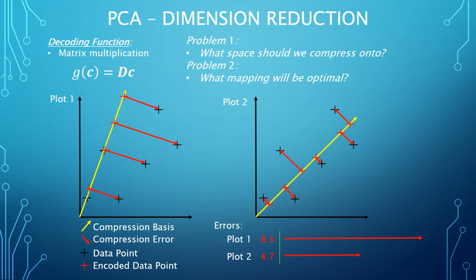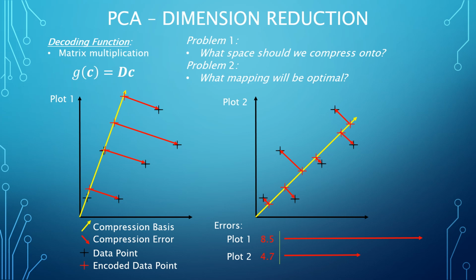That's represented by the yellow arrows here. And you can imagine that the yellow arrow would have high error if it were simply along the axis. So that's the idea of how we can change our axis, change our basis to reduce error while reducing dimensionality.